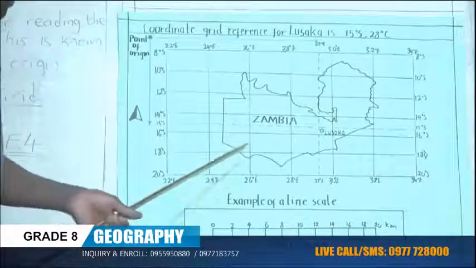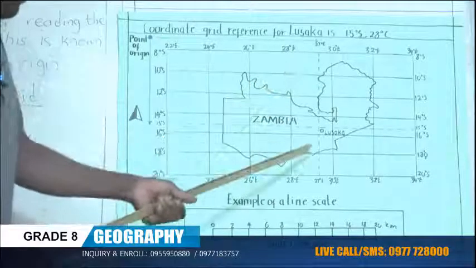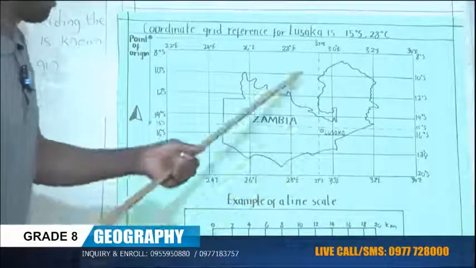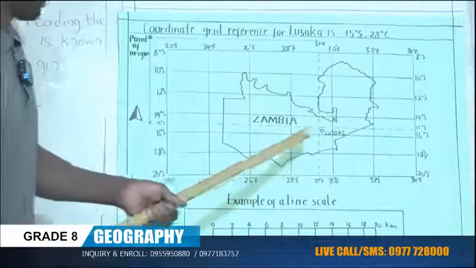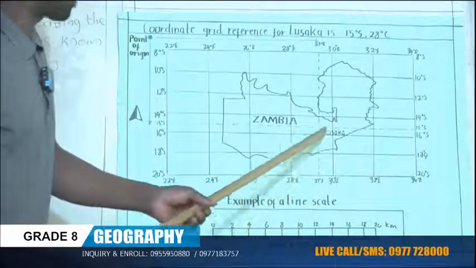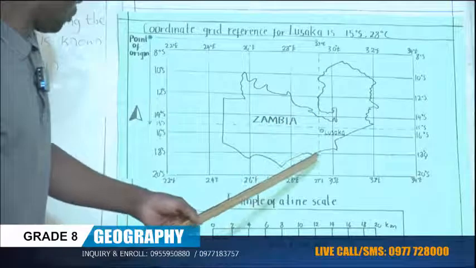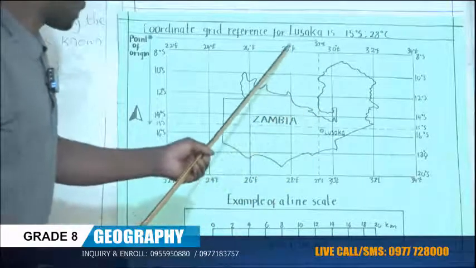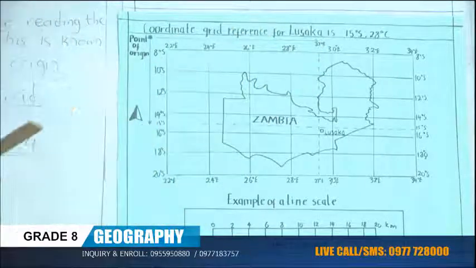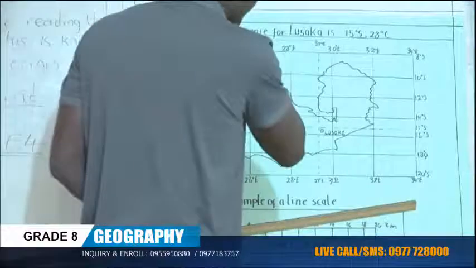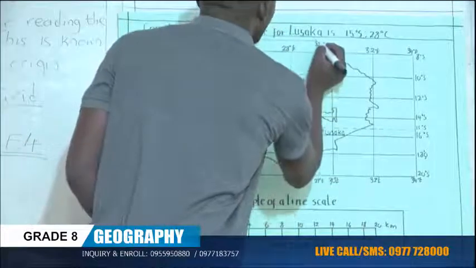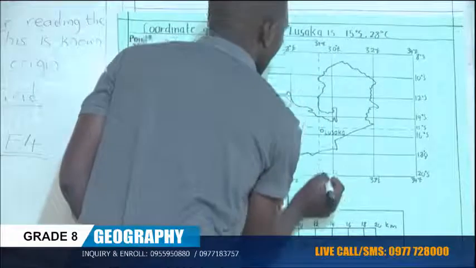We come to the other side now, in terms of columns, or the lines from the bottom to the top. Where is Lusaka found? This is 28 and not 27. This is 28, 29, should be 29 somewhere there. Okay, between 28 and 30, we should have 29. Yes.